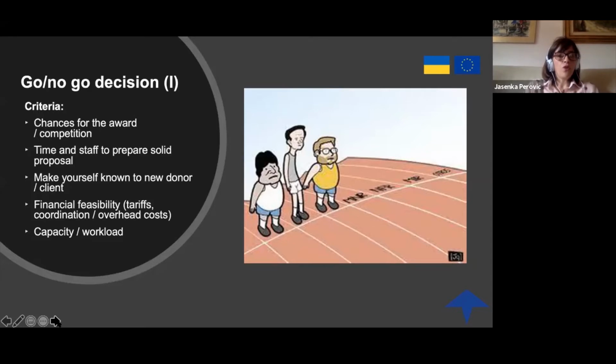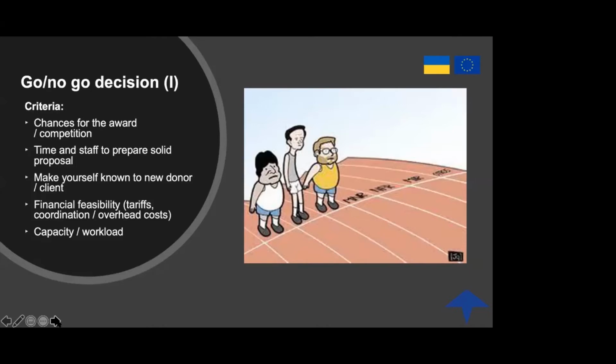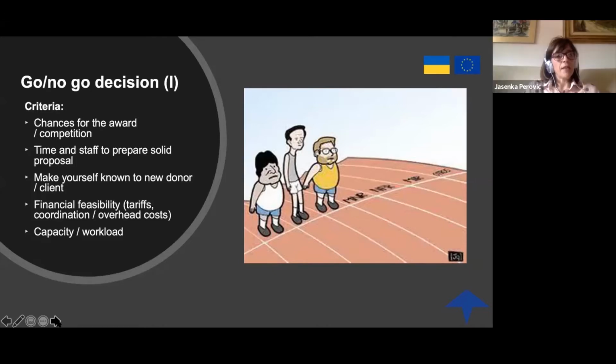We are all sure that you know who your sector mates and competitors are, and what the potential ideas are. Then, do you have enough time and staff available to prepare a solid proposal? How much does the EU know you? How familiar are they with your work and the profile of your organization?